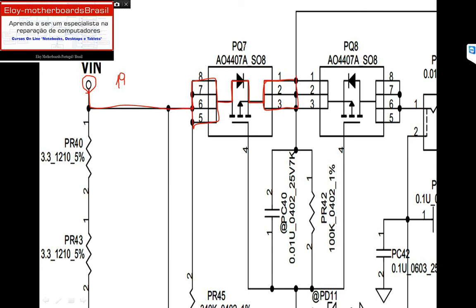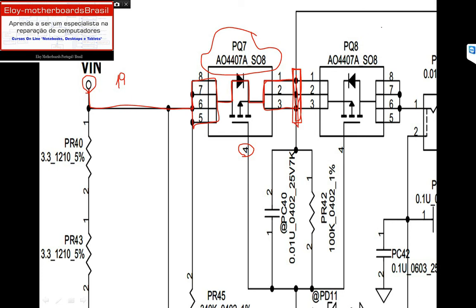This PQ7 doesn't need its gate, this pin 4 right here, to be activated, because the diode will not stop this voltage. This is the node where PVCC pin 28 will get its supply.